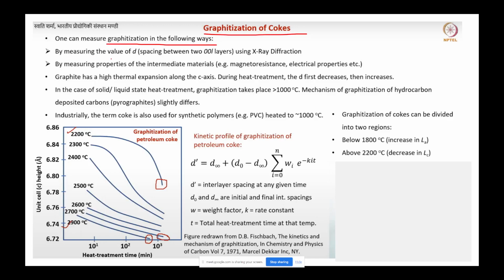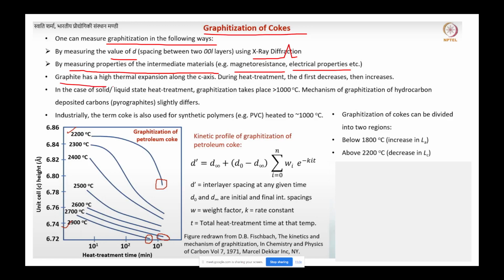By measuring the value of D spacing using XRD, you get a peak, and from the XRD analysis you can get the D spacing. And by measuring the properties of the intermediate material, like electrical properties, the resistance or conductivity of the material, the sheet resistance, and the magnetoresistance also. You can measure the properties of those intermediate materials, and by that also you can measure the graphitization.